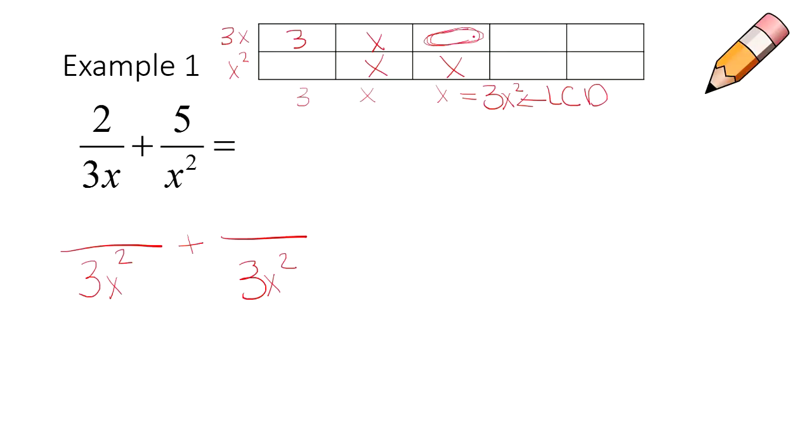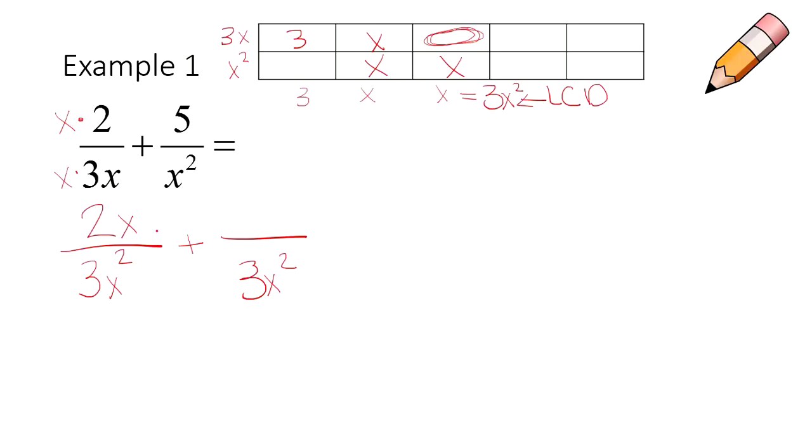We do not have anything in this box. That is what we need to multiply. So on the bottom, on the first fraction, we need to multiply by an x. If we have 3x and we need to get to 3x squared, we need to multiply by an x on the bottom. Now, to get a like fraction, we need to multiply the top as well by an x.